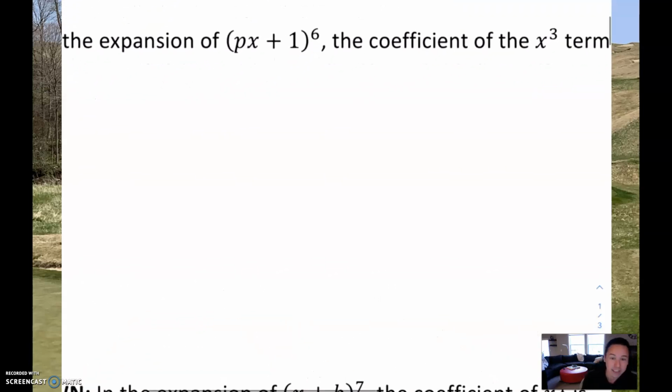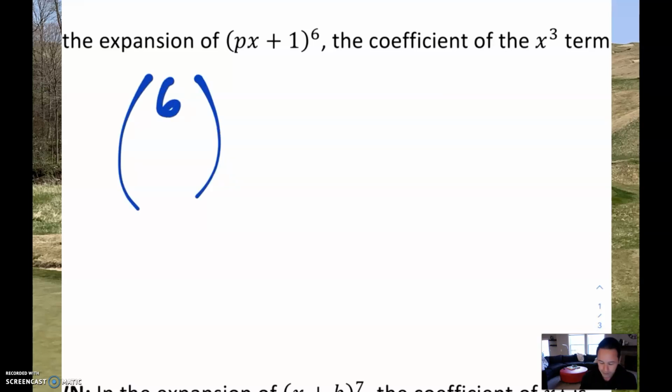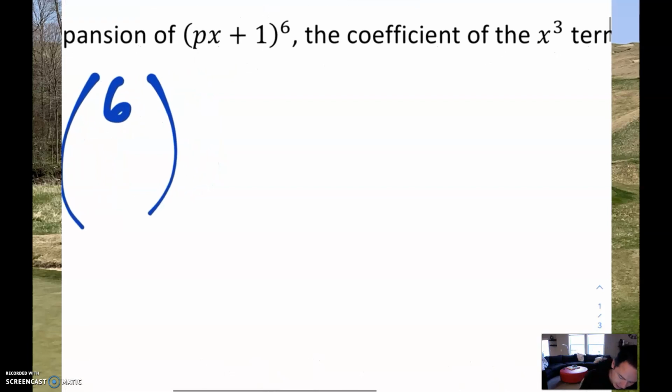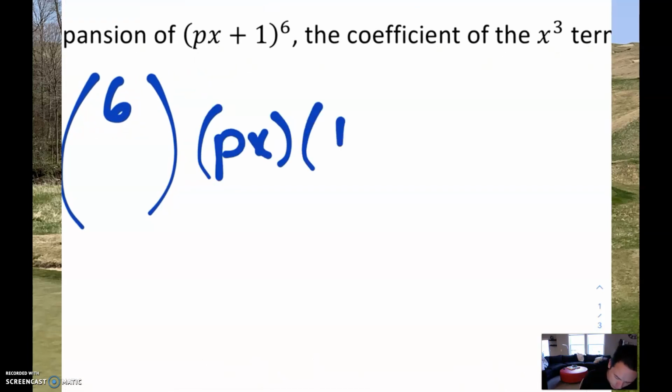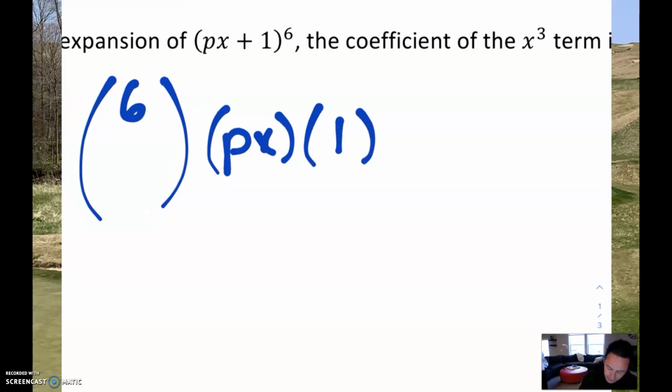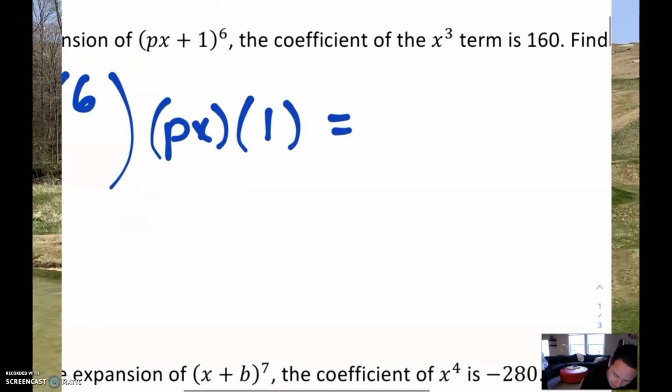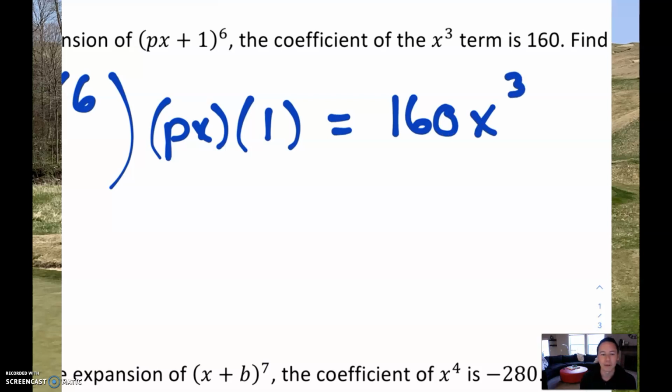We know that it's something to the 6th power, so for Pascal's number, I'm going to put a 6. And I'm going to have px raised to some power, and 1 raised to some power. We do know that the final answer should equal 160x to the third power.